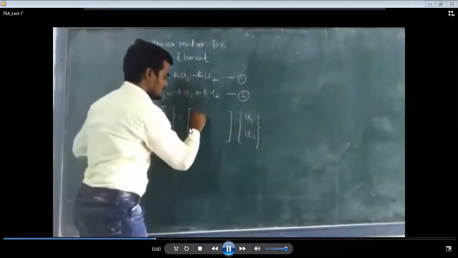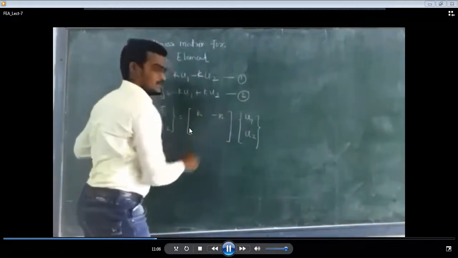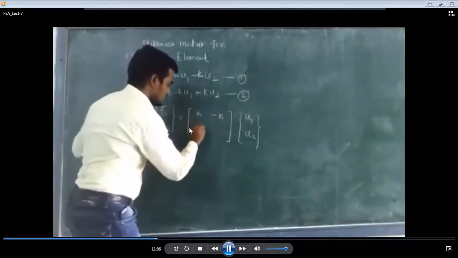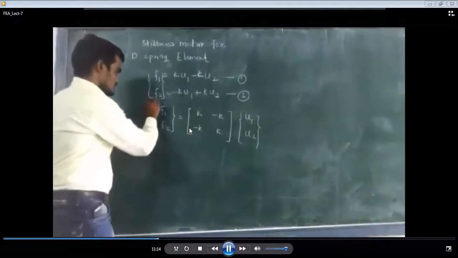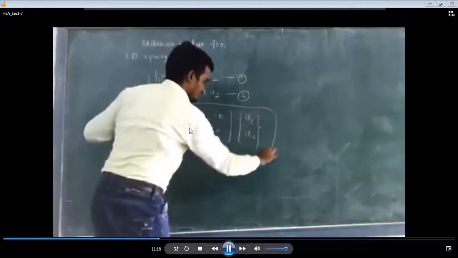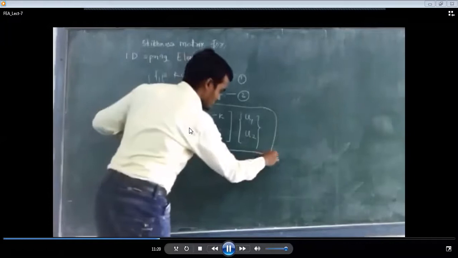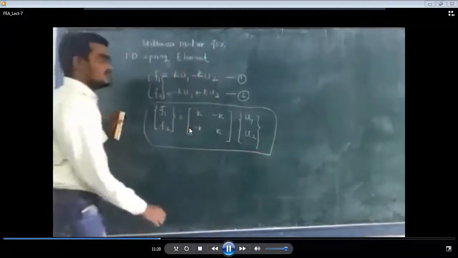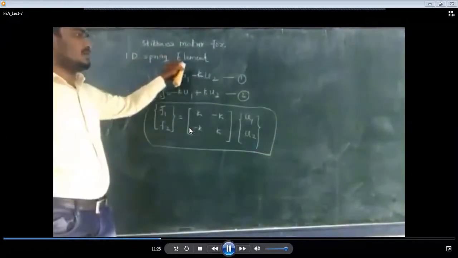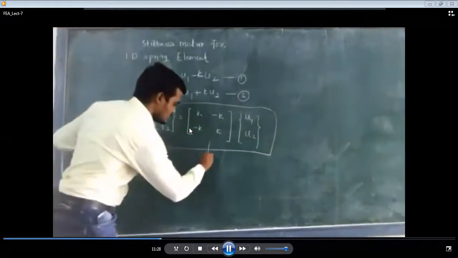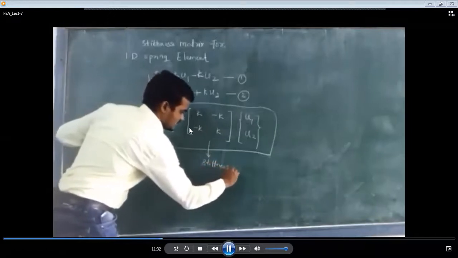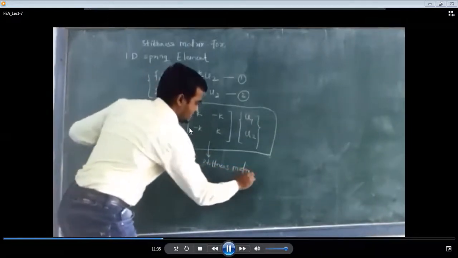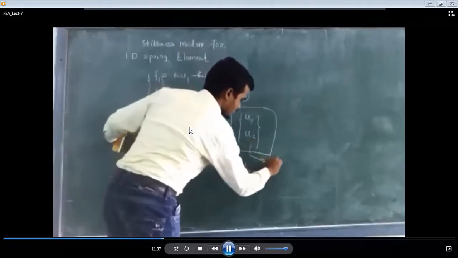You can write this as k, minus k for equation 1, and for equation 2 it will become minus k and plus k. So from these equations you will get the stiffness matrix for a one-dimensional spring element. Your stiffness matrix will become [k, minus k; minus k, k]. This is nothing but your elemental stiffness matrix for a one-dimensional spring element.